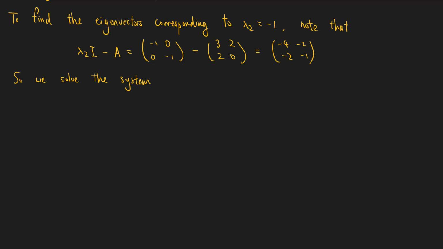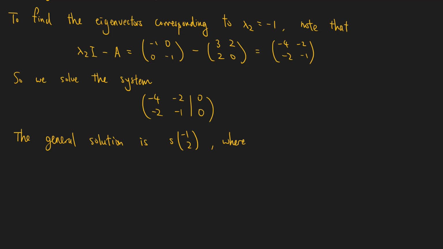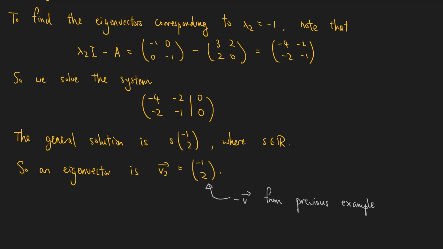So we solve the system negative 4, negative 2, 0, negative 2, negative 1, 0. The general solution is s times the vector negative 1, 2, where s is a real number. So an eigenvector is v2 equals the vector negative 1, 2. Notice that this is negative v from the previous example.